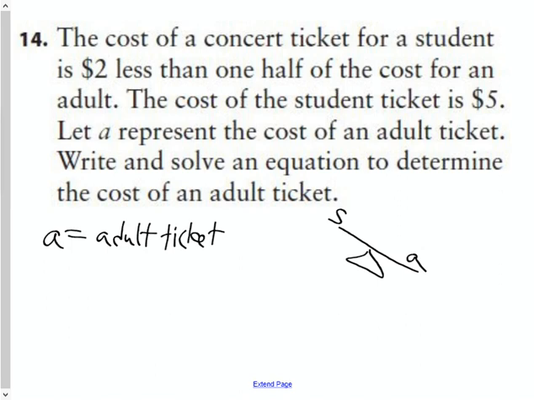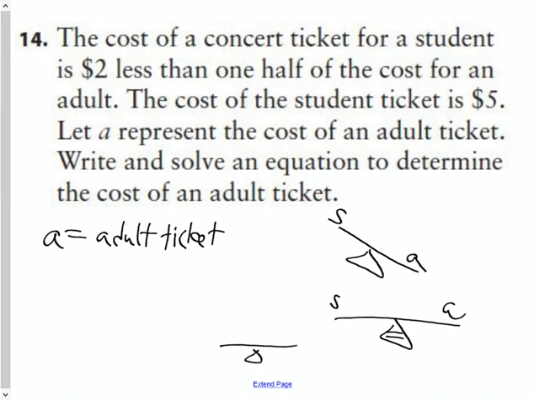So what we're going to do is manipulate this A variable. And our goal is to get the scale to be like this. So we're going to manipulate the A value so that the A value and the S value are the same. So it says the cost of a concert ticket for students is $2 less than half of the cost of an adult ticket. So is this true?